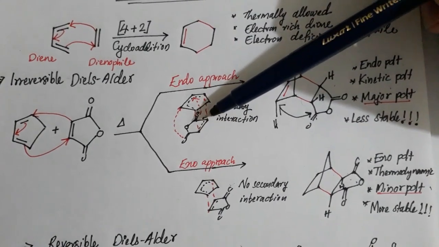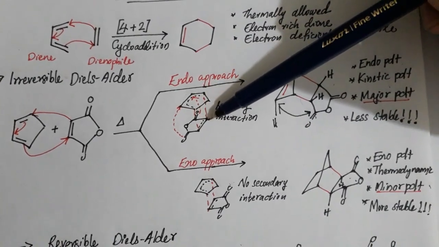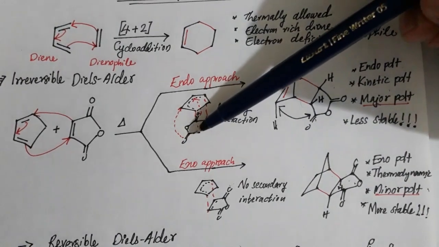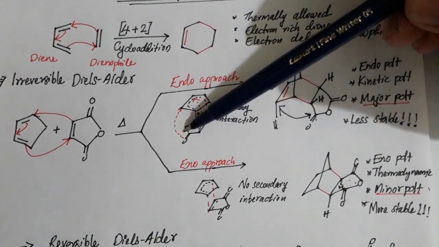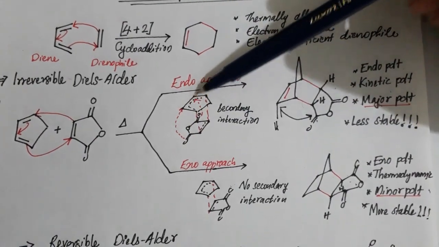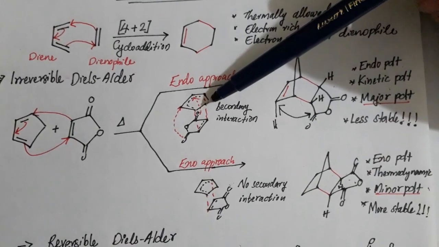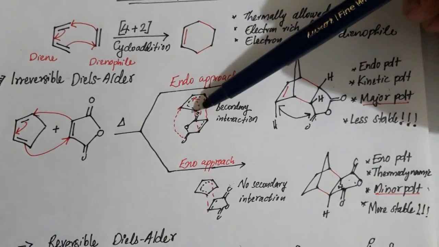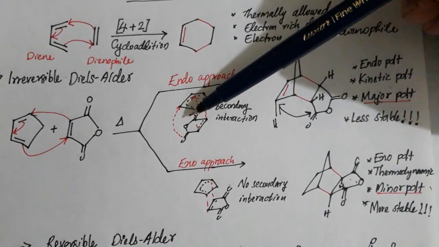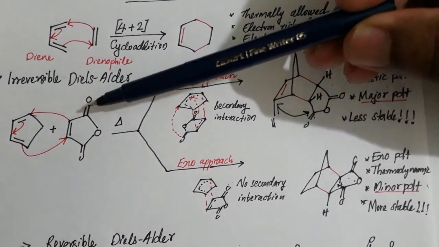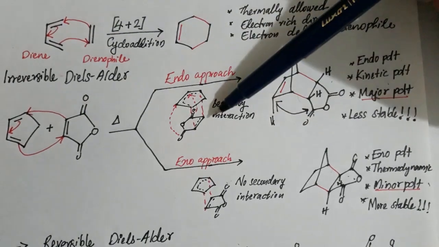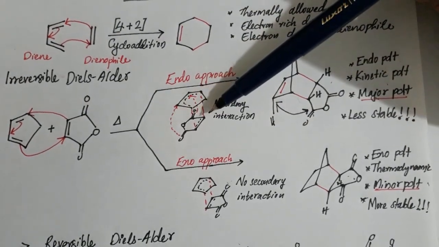The most important thing is that during the transition state we can see an extra interaction, that is the interaction of the HOMO of the carbonyl group with the LUMO of the olefin present in the diene. Such interaction is called secondary interaction, a stabilization interaction. If you have a dienophile having a carbonyl group, it can undergo secondary interaction.